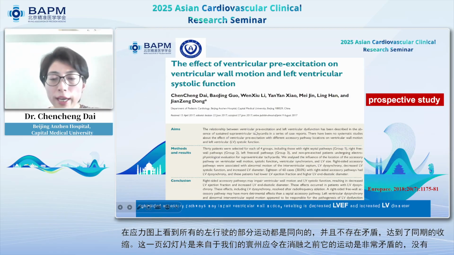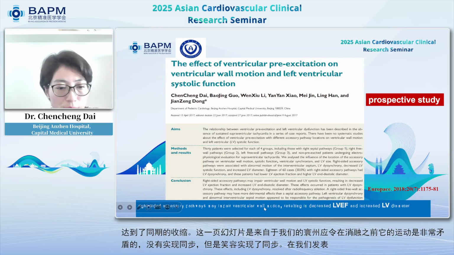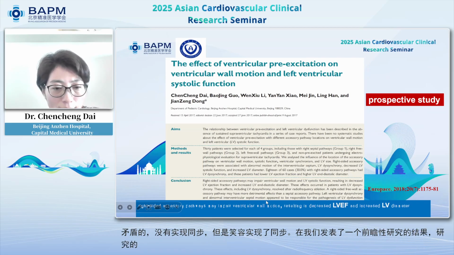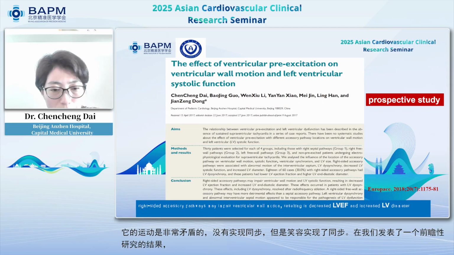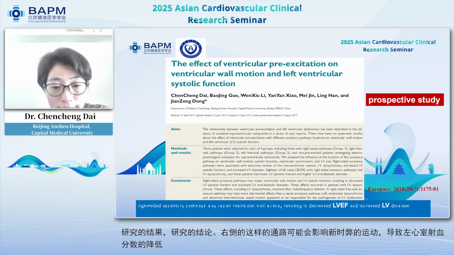After that, we had a prospective study. The conclusion of this article is that right-sided accessory pathways may impair ventricular wall motion, resulting in decreased left ventricular ejection fraction and increased left end-diastolic diameter.